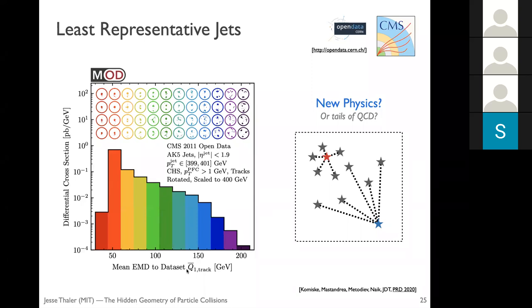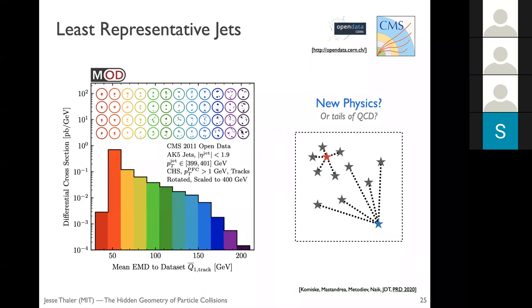But maybe the takeaway is just to say, look, I can make a histogram of an abstract distance in that space, and I can use this medoid idea to see the representative examples. And having histograms like this really helps you gain an intuition for what QCD looks like.